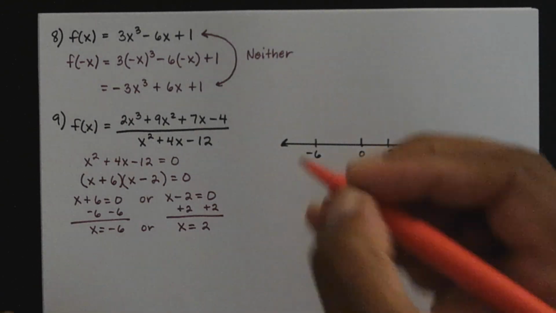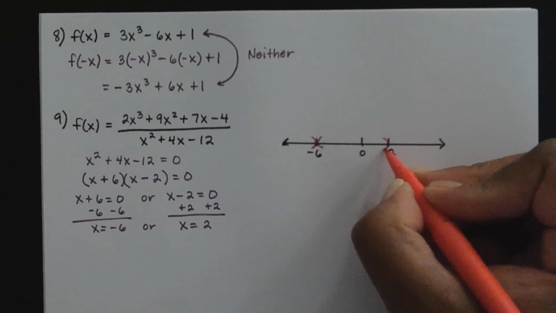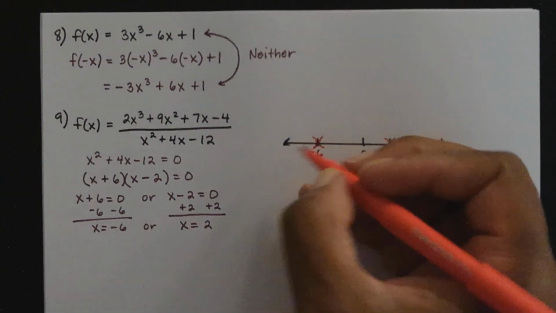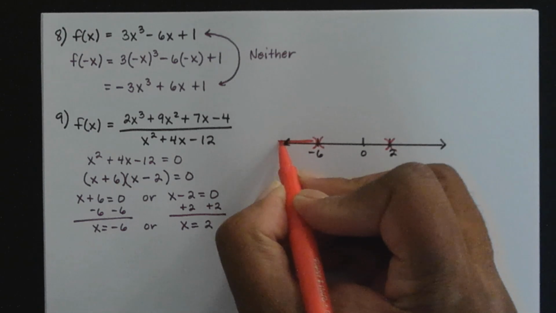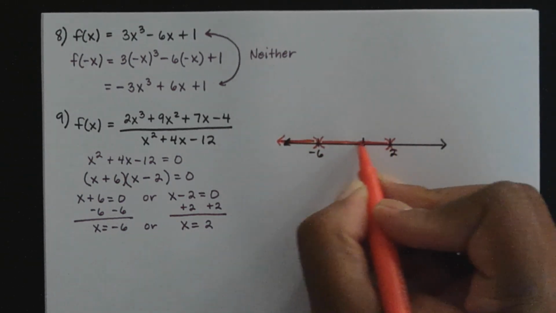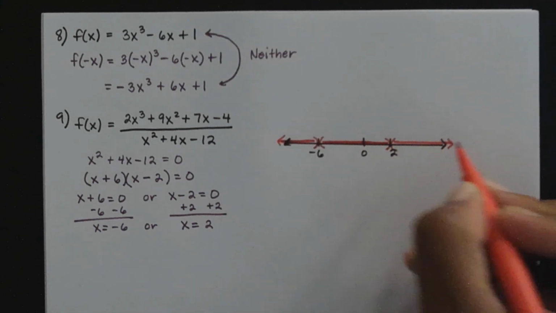Now negative 6 and 2, we know we're going to get a 0 in the denominator. Those will have parentheses there. Any x value less than negative 6 would work for this rational function. Any x value in between negative 6 and 2 would work. And any x value to the right of 2 would work.